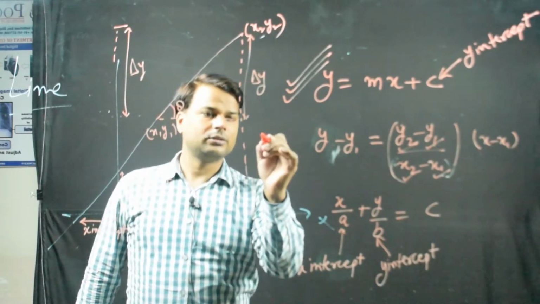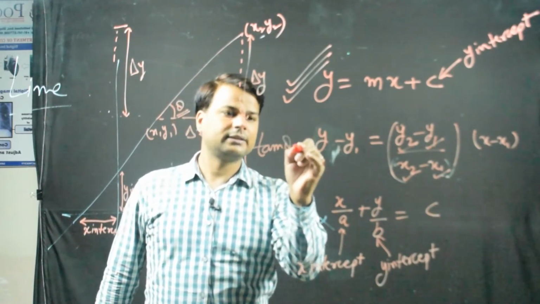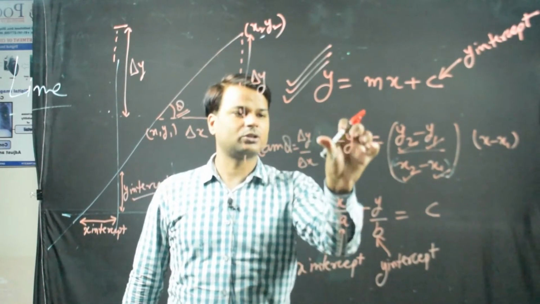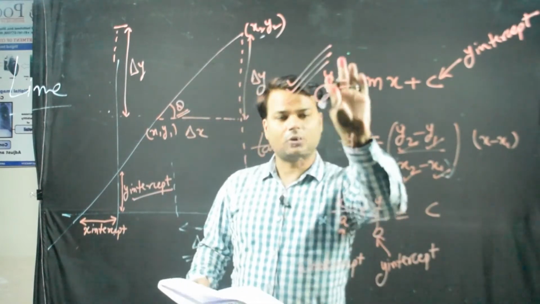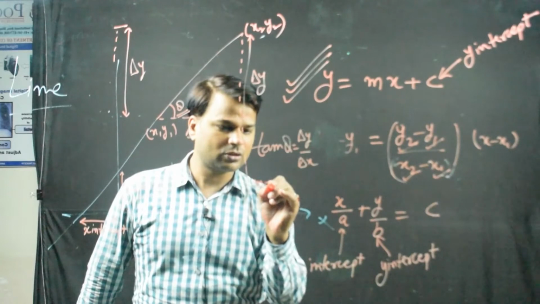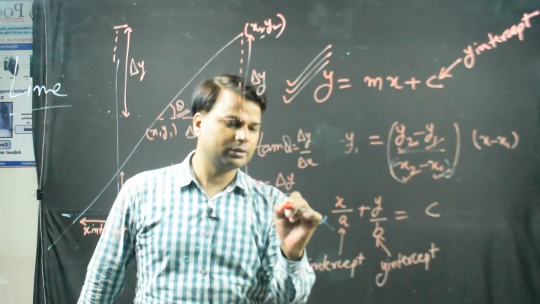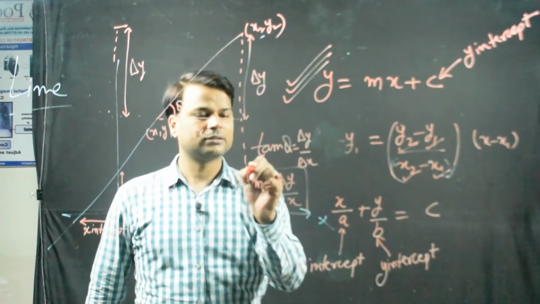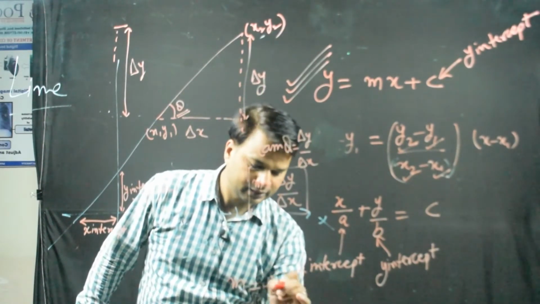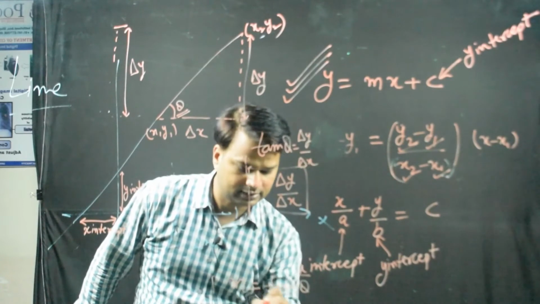We know tan theta is equal to delta y upon delta x using the trigonometric functions. Now, if tan theta equals this, then m is also equal to delta y upon delta x as per the slope formula. So it means m is simply tan theta.